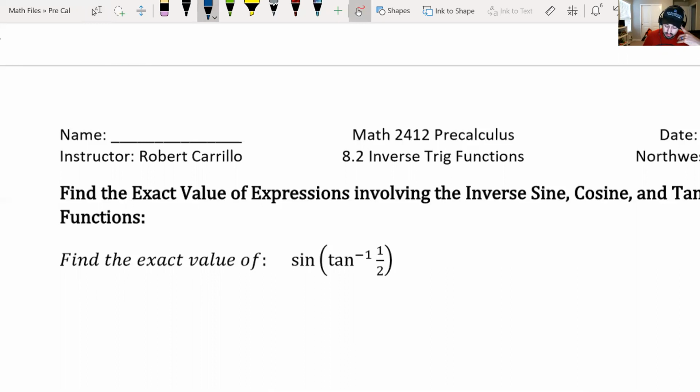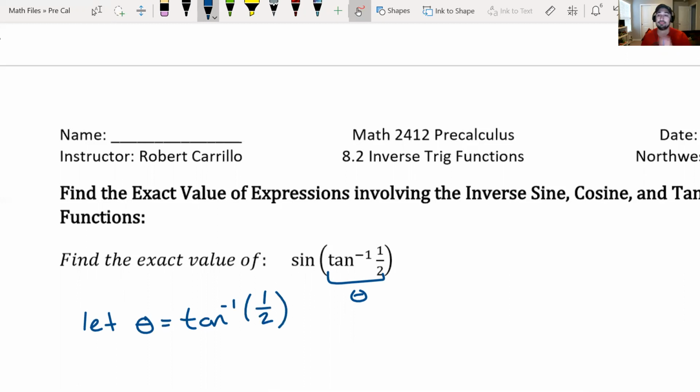We let theta equal the inside trig expression. So we let theta equal the inverse tangent of 1/2.